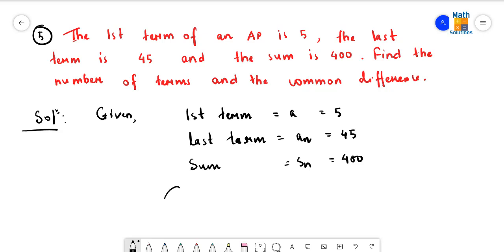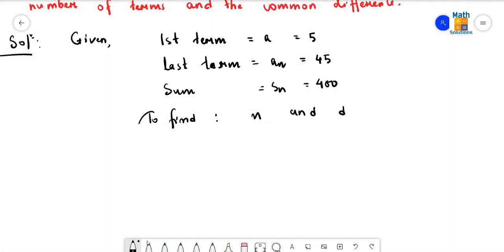To find the number of terms, that means n, and the common difference d. So here these two formulas we have to use. One is an and the other one is Sn. Here an we are getting as 45.